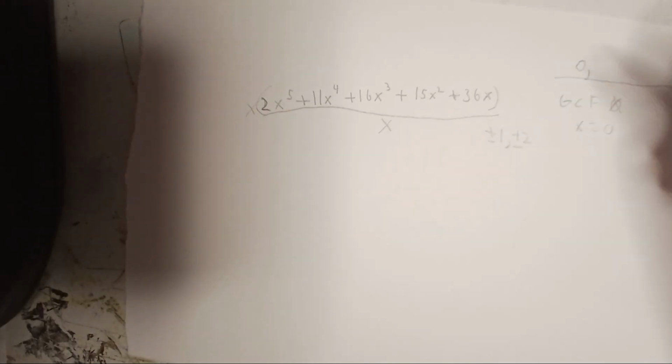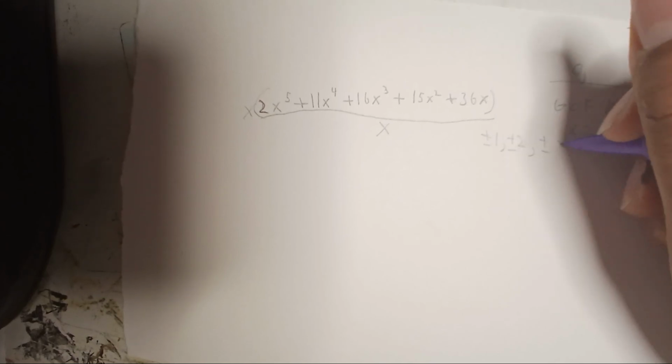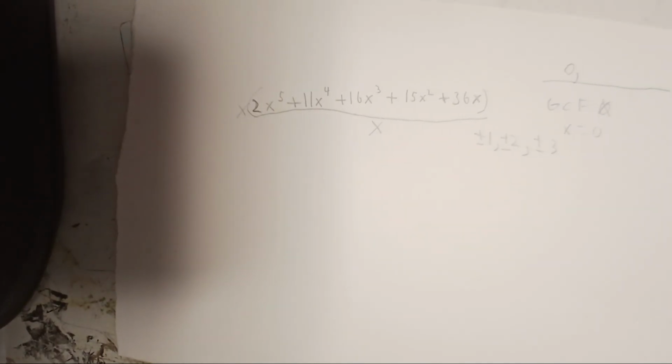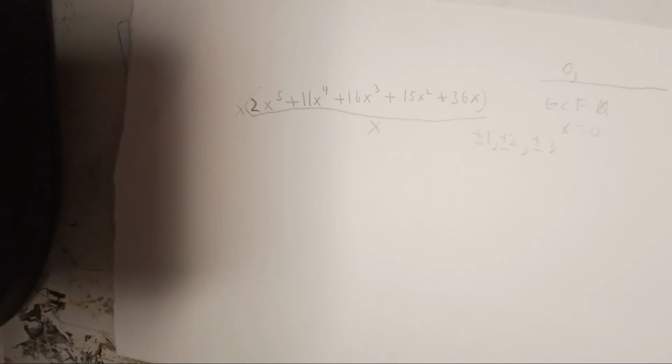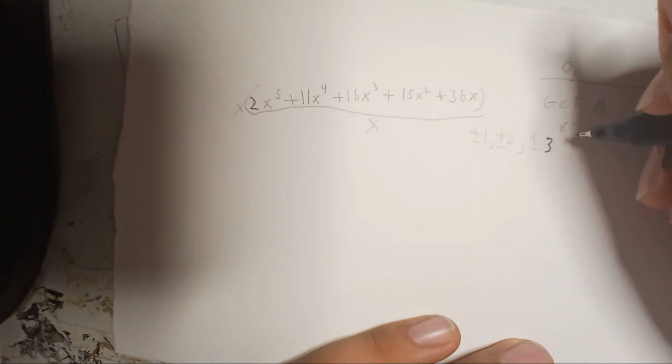And then the next biggest one would be 3, because 36 divided by 3 is 12. Alrighty, we have those numbers. I'm going to move the pen because I can't see my own handwriting on the video. There we go. Plus or minus.